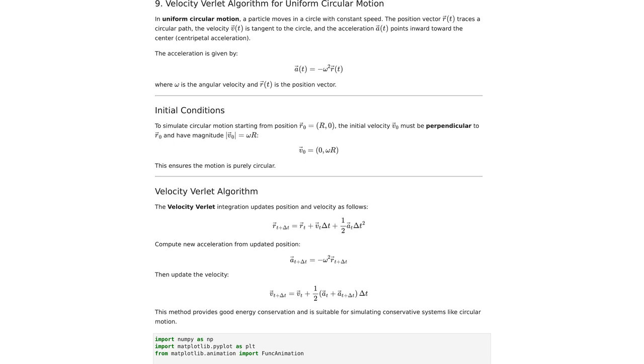The core of the code is a loop that iterates through time steps, applying the velocity Verlet equations to update the two-dimensional position, then the new acceleration, and finally, the new velocity. The simulation results are then animated using matplotlib, showing the particle moving in a circle and tracing its path.